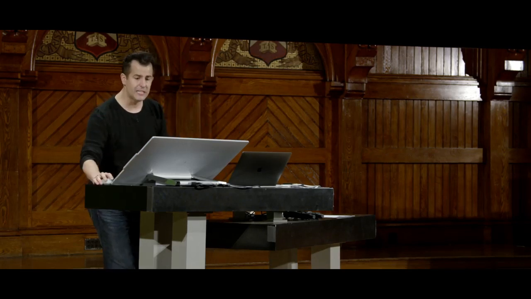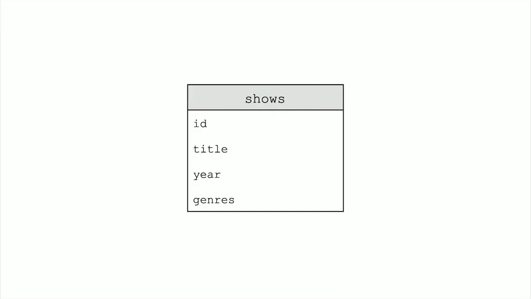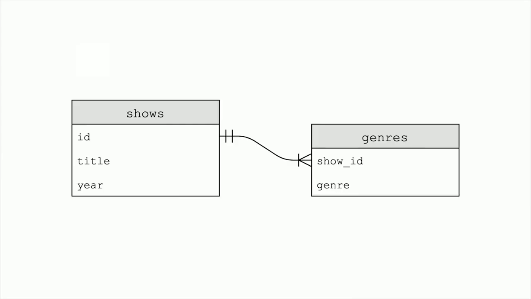And what we've done really is something like this. Instead of storing our data in just one table called shows, and every show has an ID, a title, a year, and genres, we've instead exploded those genres into two separate tables, such that now our shows table looks like this. We have an ID, a title, and a year. And notice that the ID of a show can also appear over here in another table called genres.